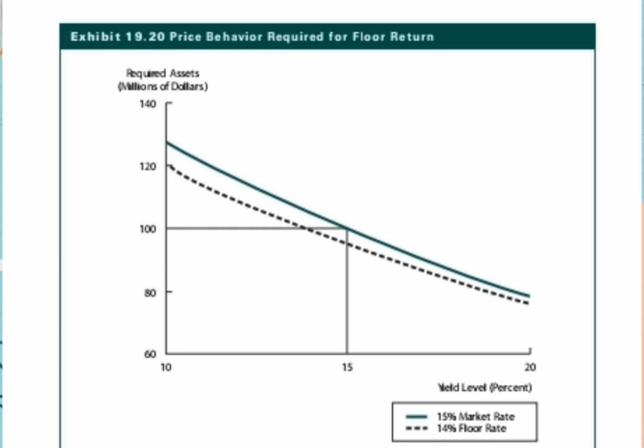For both a 15% market rate and a 14% floor rate, the graph illustrates that if interest rates decline as expected, the value of a long duration portfolio will increase rapidly.